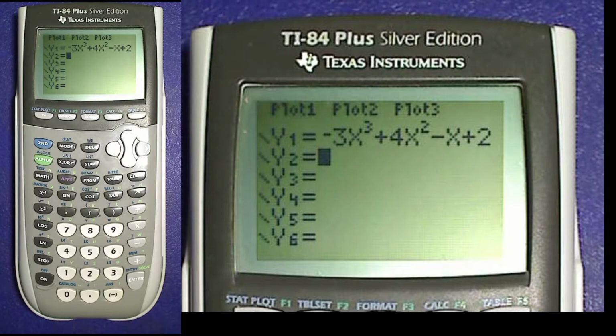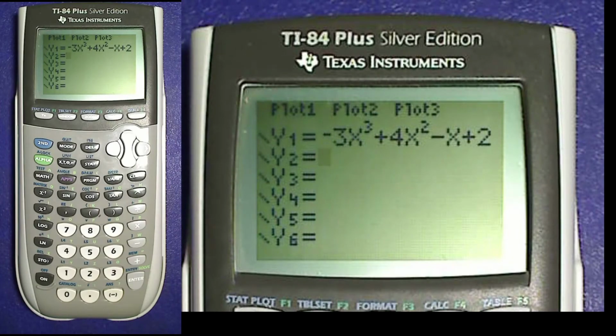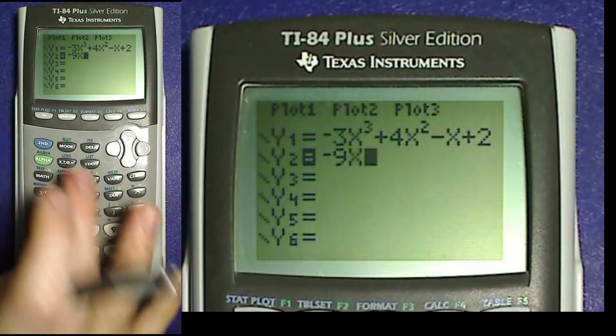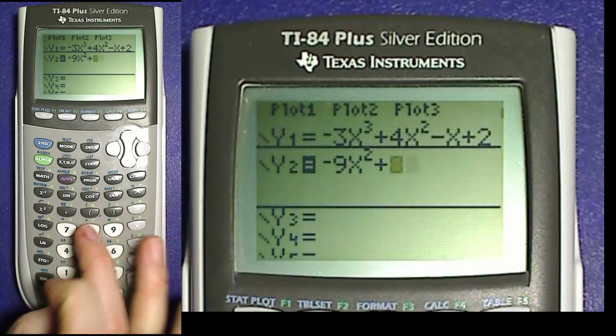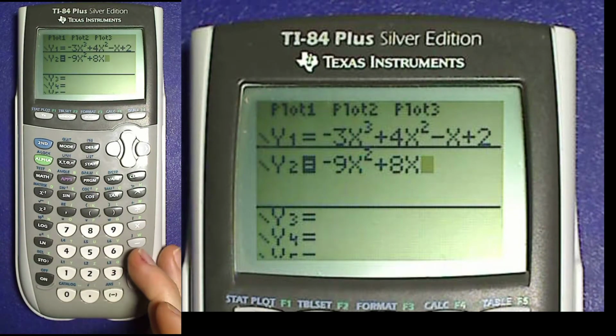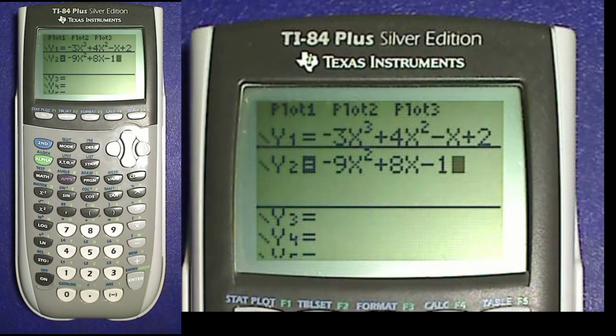And remember, we did that here. So I'll type that in. That's negative 9x squared plus 8x minus 1. And we'll do some calculations with f prime now.